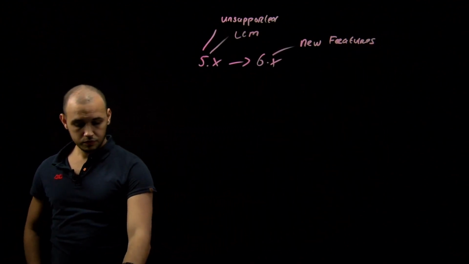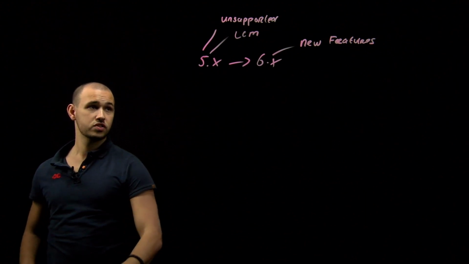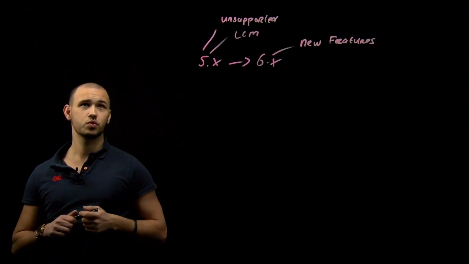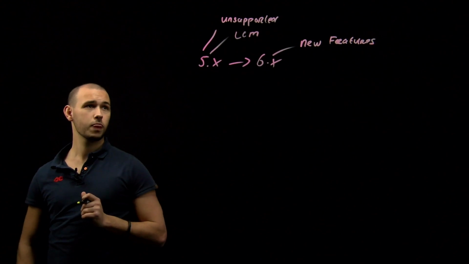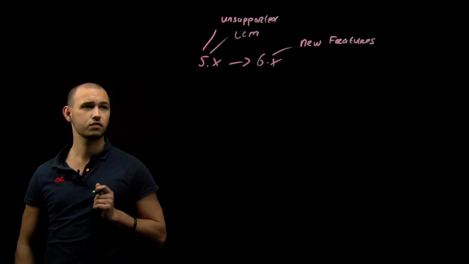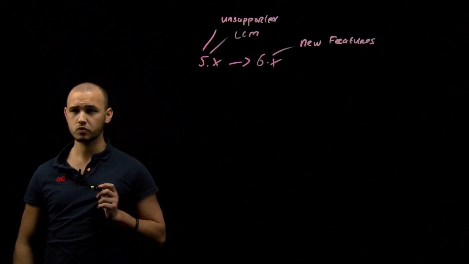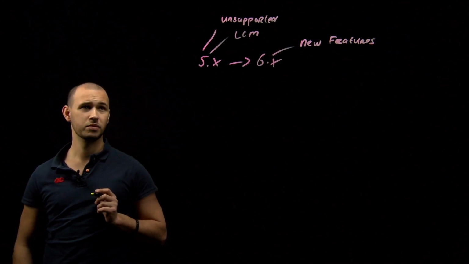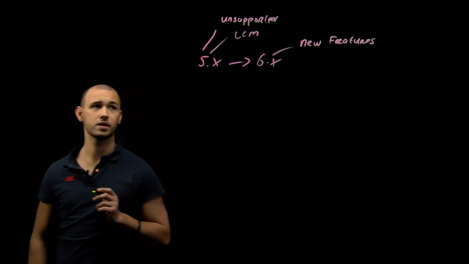Well, going from version 5 to version 6 has a lot of challenges with it, and we see that most of the time we can tackle these challenges by going through some methodology and some easy steps.